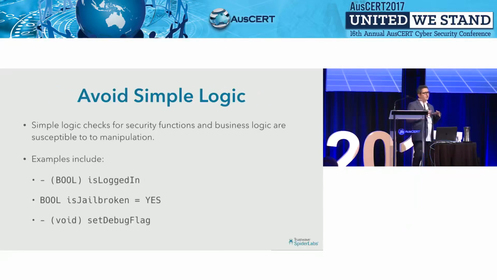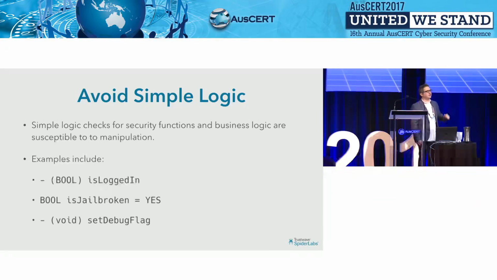Going back to a little bit more of a design focus, simple logic checks, and this is a big one, right? Simple logic checks for security functions and business logic are easily susceptible to manipulation. These are just some examples that we see all the time. I don't know if any of you are Objective-C developers or app developers, but this is a function signature called isLoggedIn, and it's returning true or false, right?